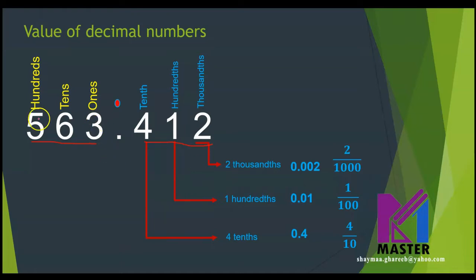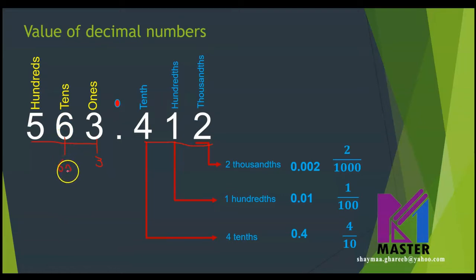Now, let's talk about the whole number part. I have this 3 in the ones place, so its value is 3 units or 3 ones. What about 6, which is in the tens place? 6 tens means 60.